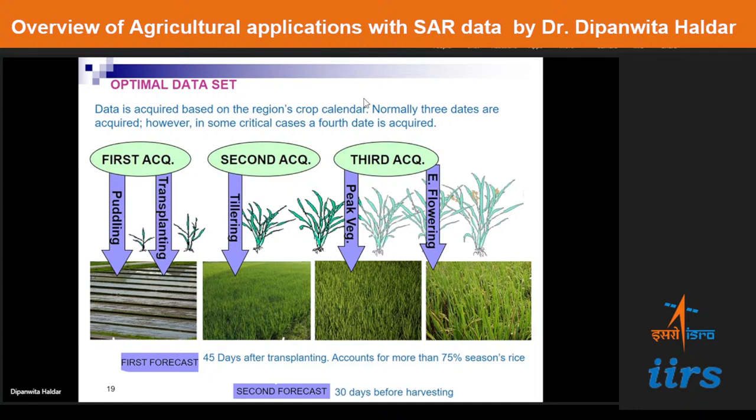And then the final forecast goes 30 days before harvesting, by adding another date after 24 days from this 45 days. This operational methodology has been developed by ISRO, by our team, and now it is being carried out by various ministries also for their states.